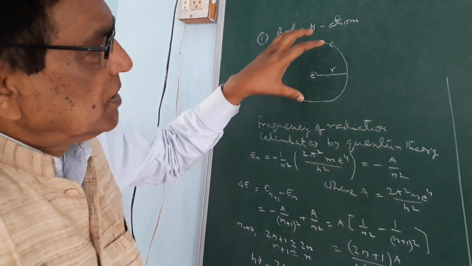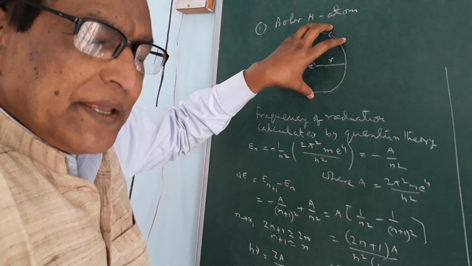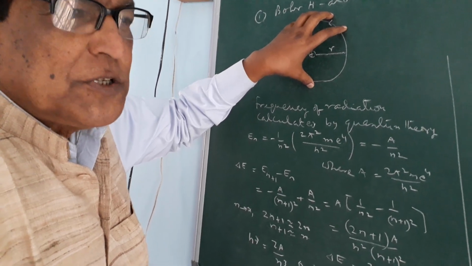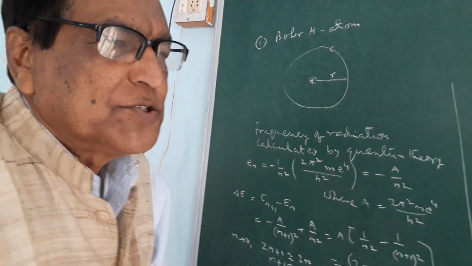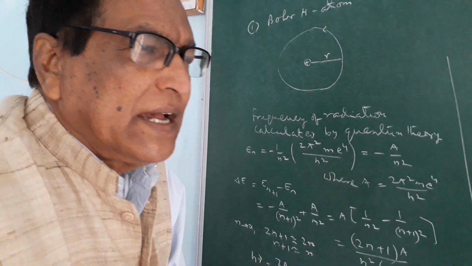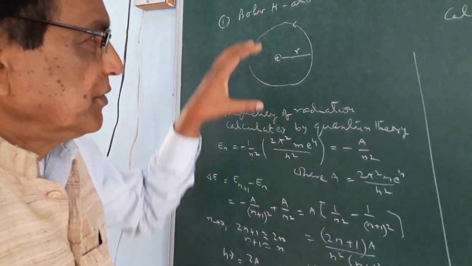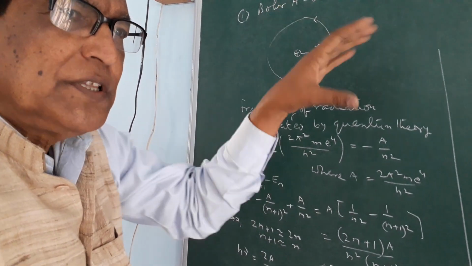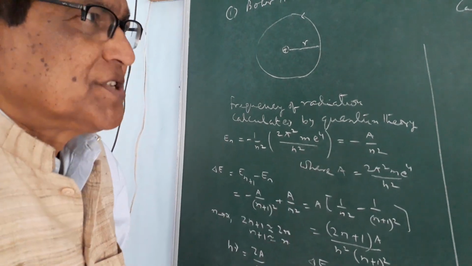Whenever the frequency of rotation of the electron is equal to the frequency of radiation, the hydrogen atom will be in resonance with the radiation, and energy is exchanged between the hydrogen atom, meaning matter, and the radiation.